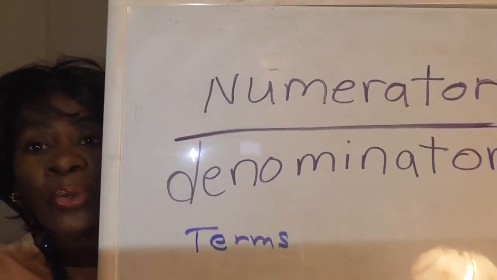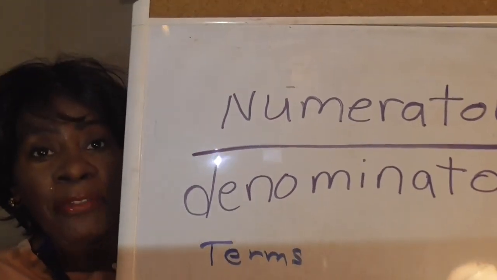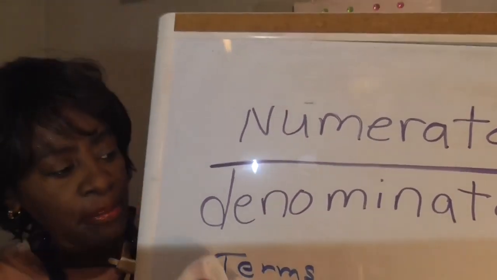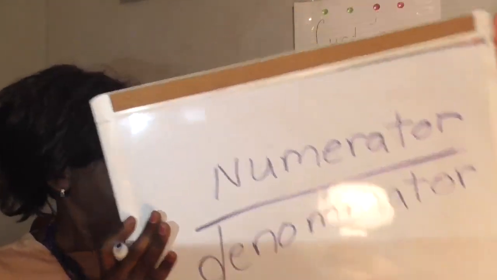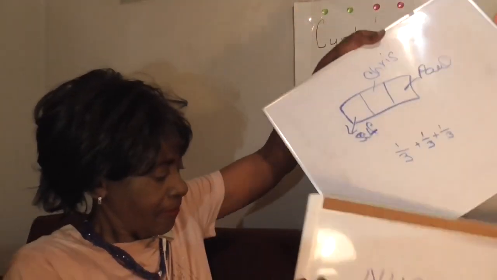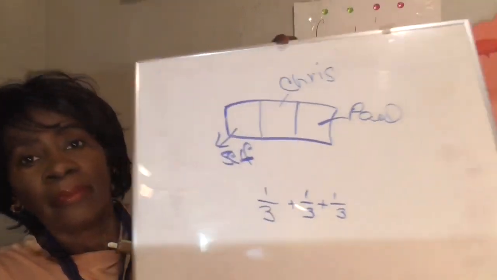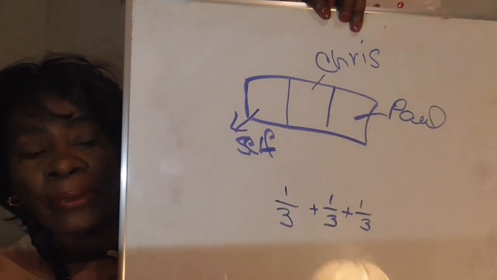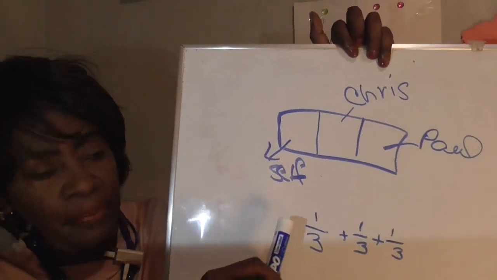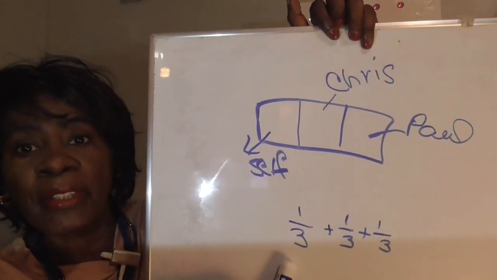These are terms used when dealing with fractions. The numerator and the denominator. What is the numerator of the fraction 1/3? The numerator is 1. The denominator is 3.